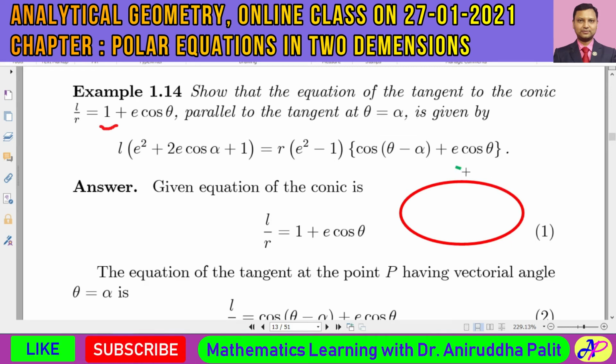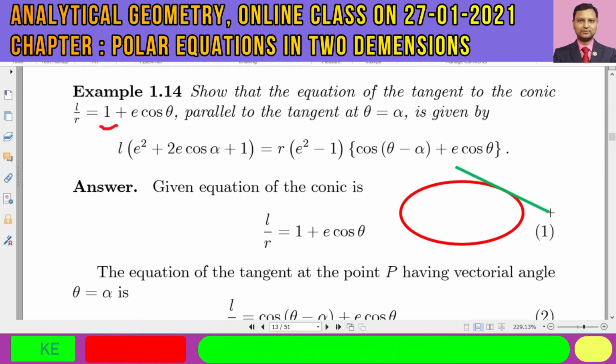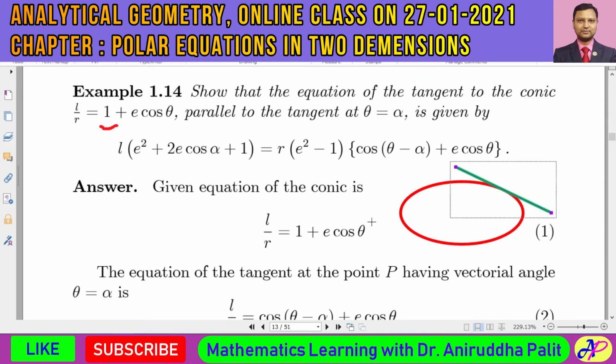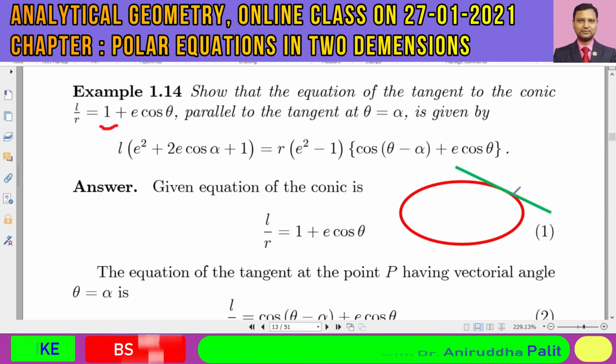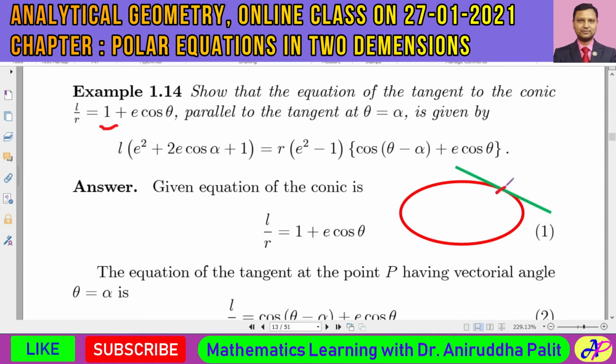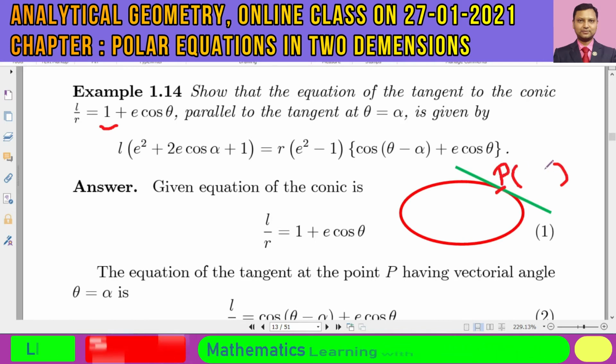Suppose there is a point here, and this is a tangent. At this point, say P, the vectorial angle is alpha.